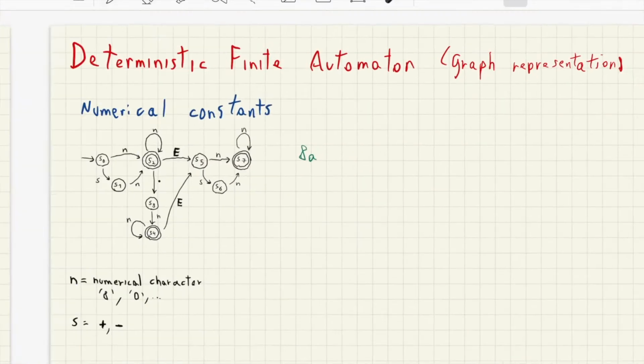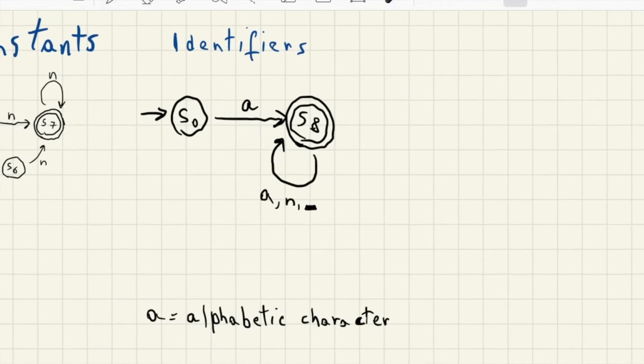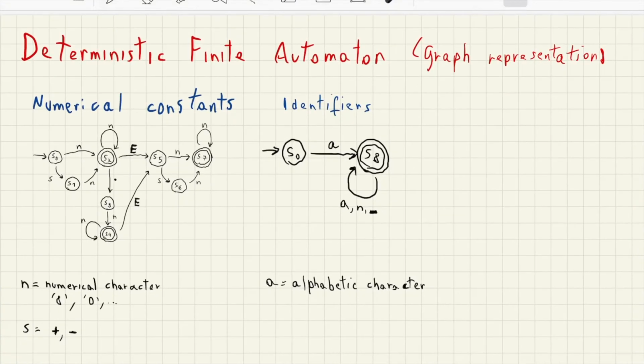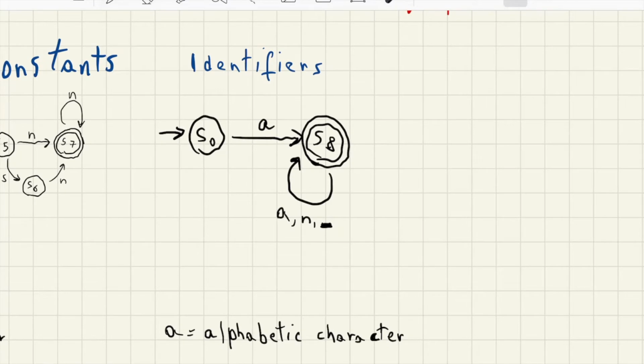Now let's go to the other part of our automaton. In identifier, we will have an alphabetic character. So we start in the initial state, and any alphabetical character will send it to state 1 here. And now it can accept alphabetical characters or numerical characters or underline.